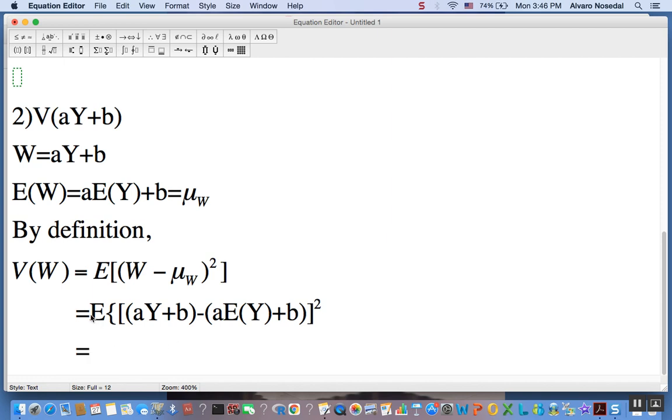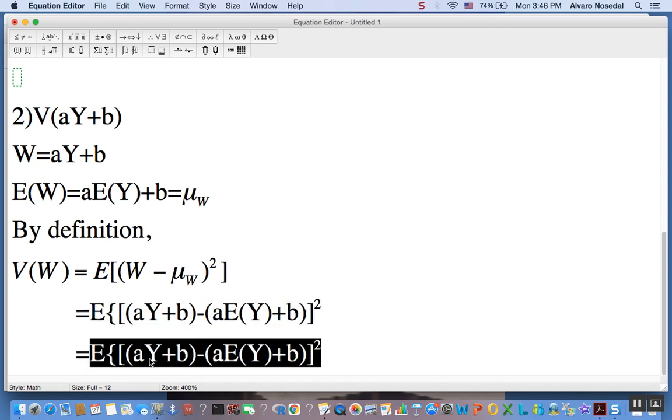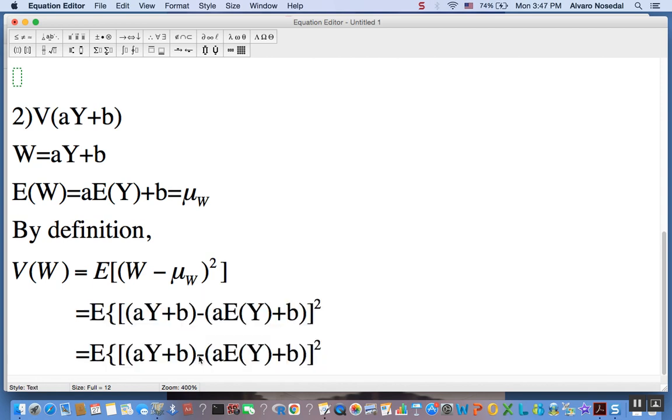If we expand this, and let me do that, here what we're going to have is ay minus a times expected value of y.